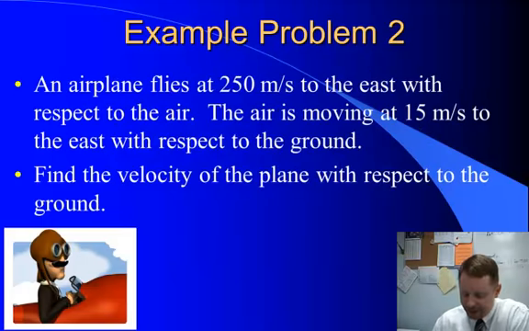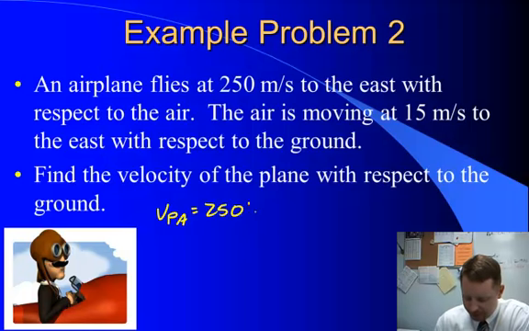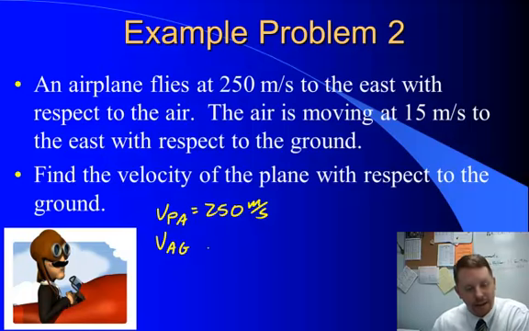An airplane flies at 250 meters per second to the east with respect to the air. So the velocity of the plane with respect to the air is 250 meters per second. We'll call east positive again. The air is moving at 15 meters per second with respect to the ground. So the velocity of the air with respect to the ground is 15 meters per second.